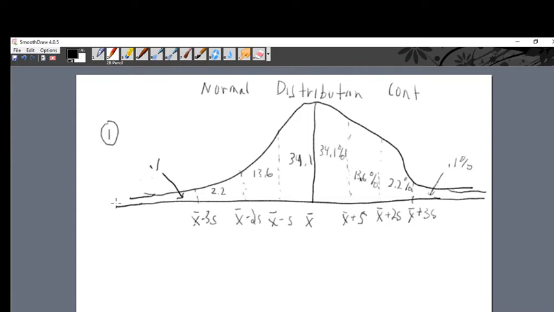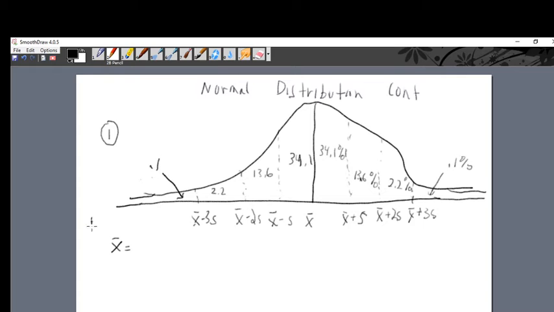Okay, so now that's what this looks like. Here's an example of a question. If we ask you as follows, let's say that the average height of men in America, that's the mean, right?